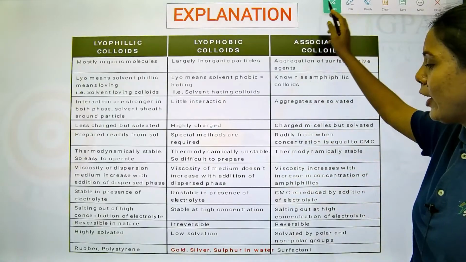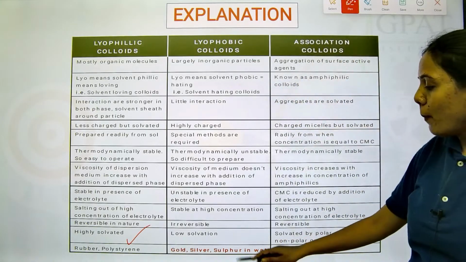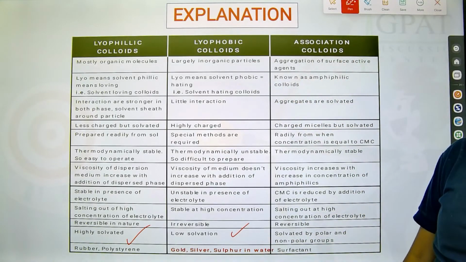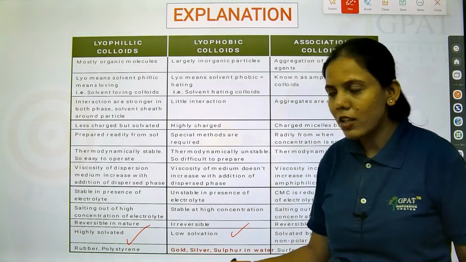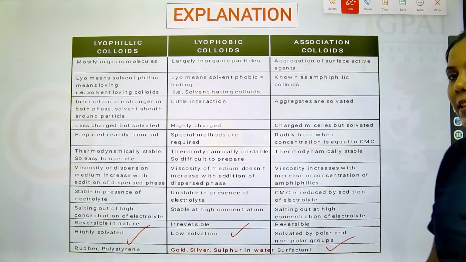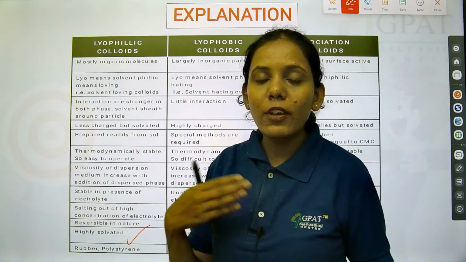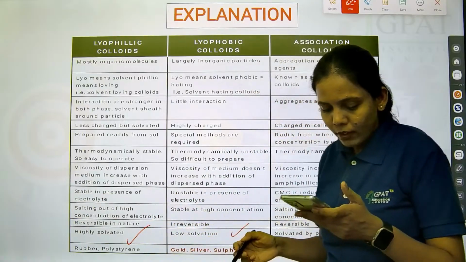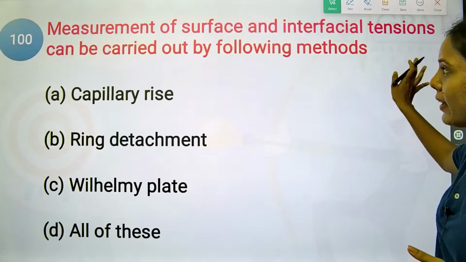If you see lyophilic colloids, rubber, polystyrene, so they are the lyophilic. Lyophobic are gold, silver, sulfur in water, so they are lyophobic. They don't have any kind of affinity towards the solvent. And association means surfactant. Surfactants have both the groups, hydrophilic and lipophilic, so they form the association, right? So remember that is a lyophobic.